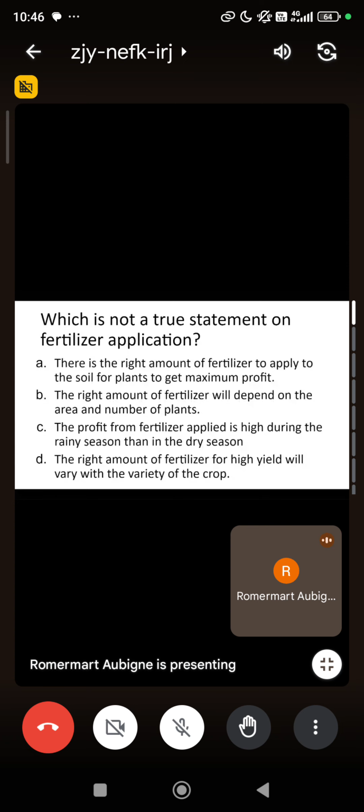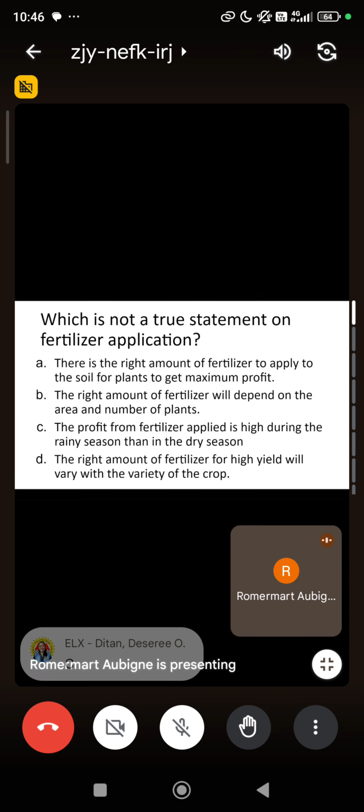Next, the profit from fertilizer applied is high during the rainy season than the dry season, which is not true.